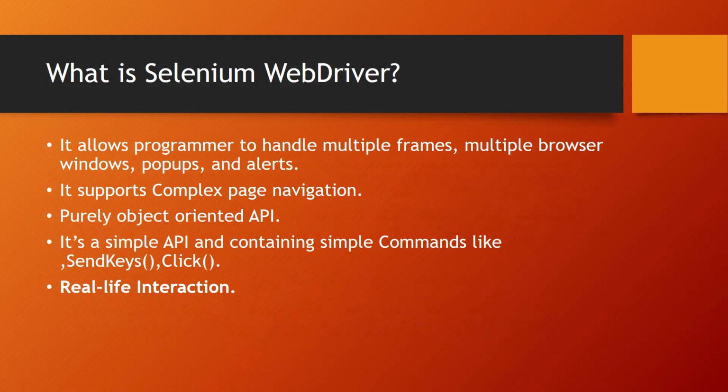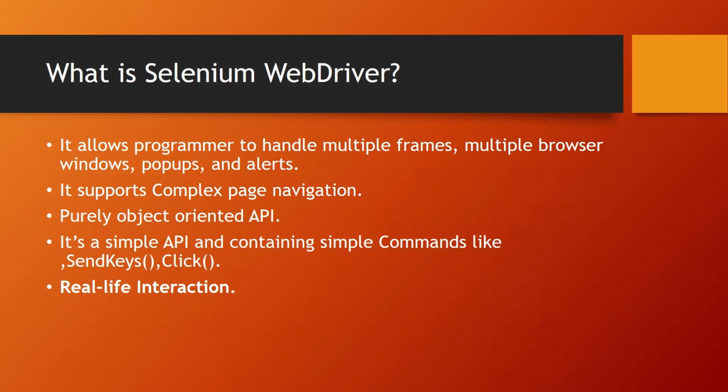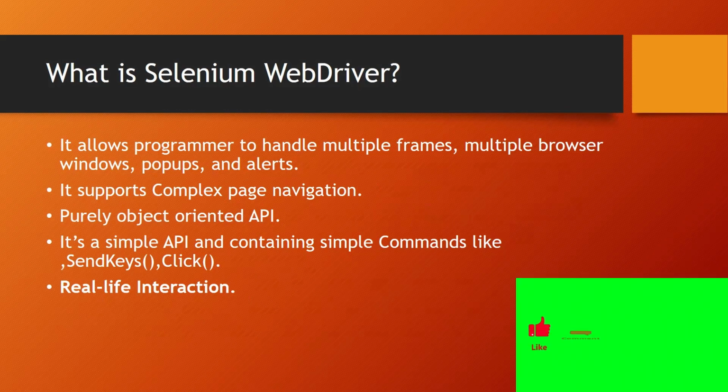We also saw that it supports complex page navigation, it is a purely object-oriented API, and it contains simple commands like sendKeys and click. In the next videos, we will see other commands too. And it works as real-life interaction, and we have seen how.